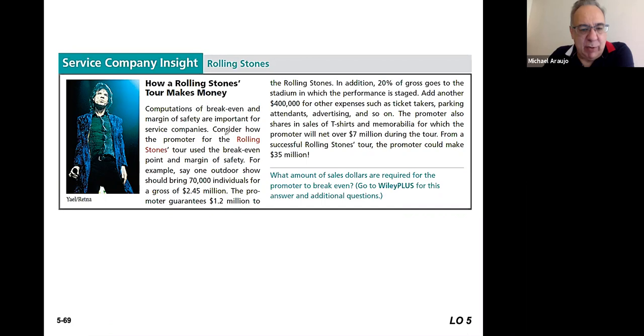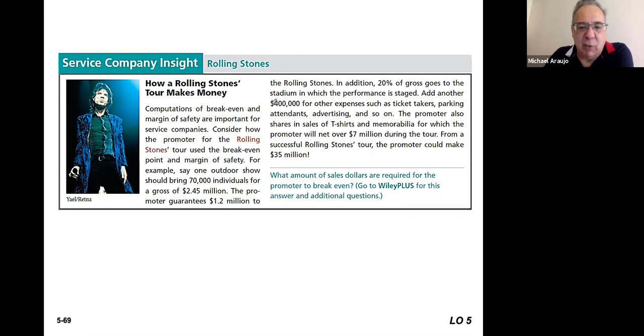Consider how the promoter for the Rolling Stones tour used the break-even point and margin of safety. For example, say one outdoor show should bring 70,000 individuals for a gross of $2.45 million. The promoter guarantees $1.2 million to the Rolling Stones. In addition, 20% of the gross goes to the stadium in which the performance is staged.